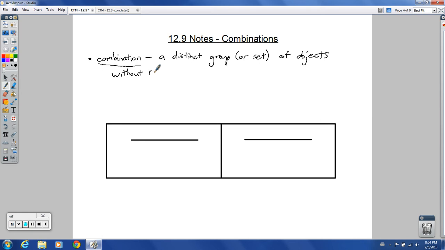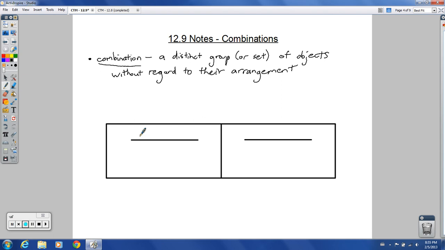Without being the key word. So without regard to their arrangement.